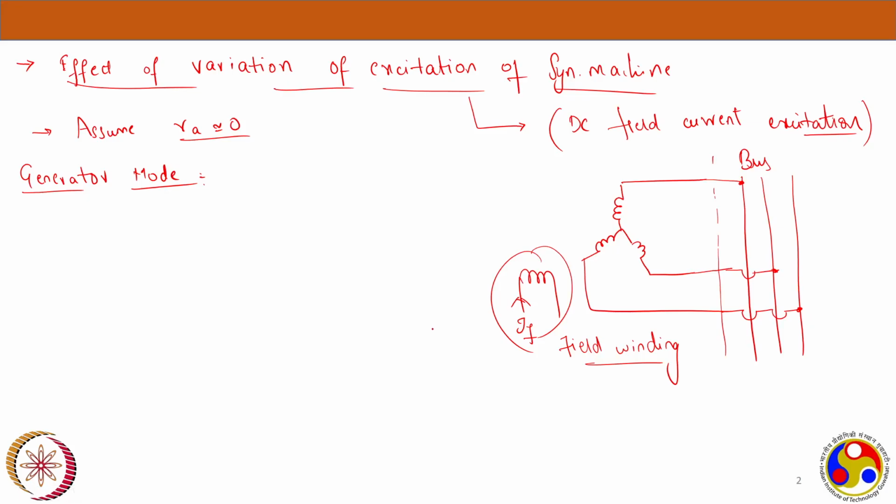Since we are discussing the generator mode now, what is a generator? In a generator, there should be some push to the rotor. Let's say the rotor is driven by a prime mover. What is a prime mover in the real world?